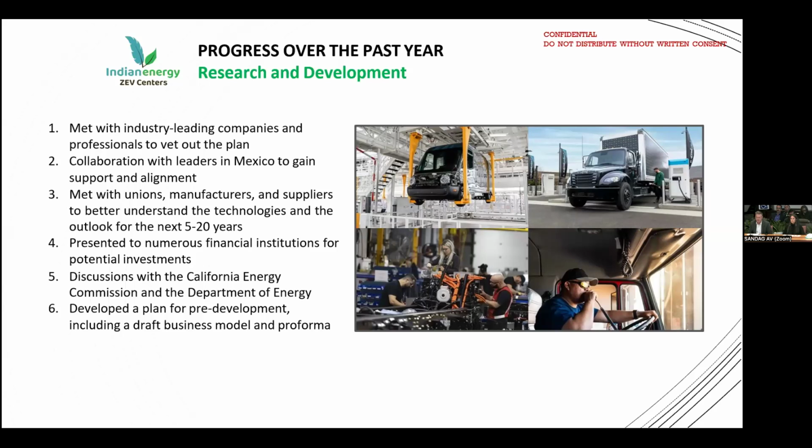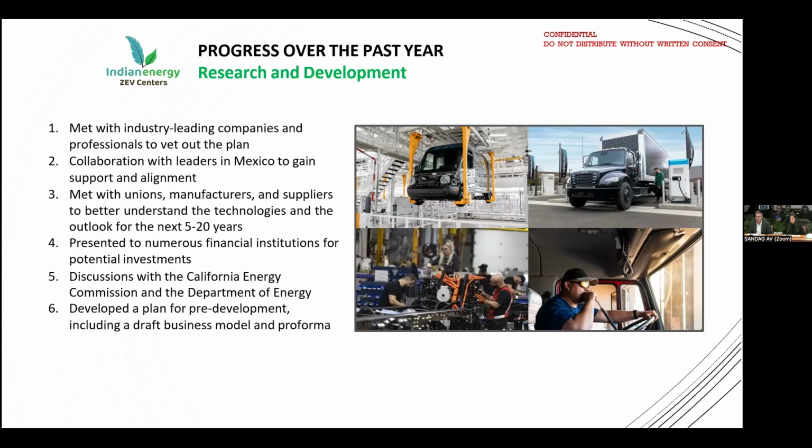What we found out is that everybody's waiting on everybody else for a project of this size. We've got the manufacturers waiting on orders to be placed. We have the distribution and transport companies waiting on the infrastructure to be installed, while our governments are doing their best to incentivize the whole process.